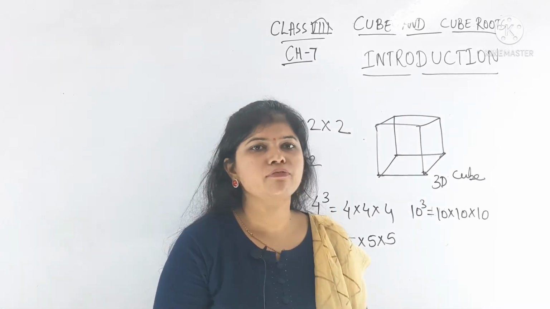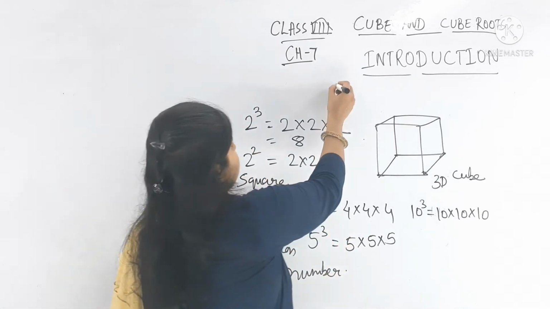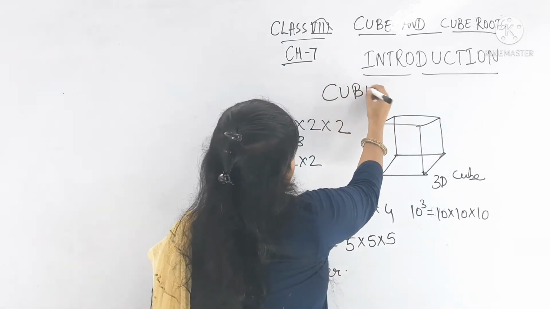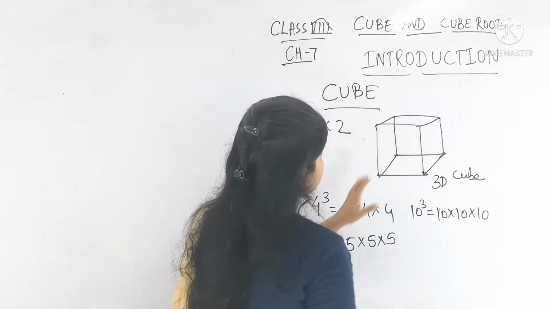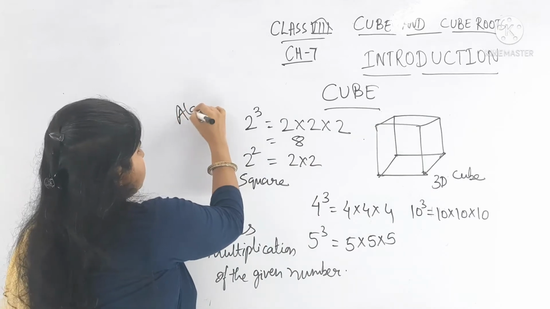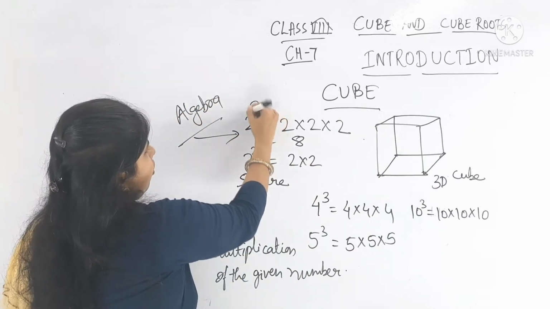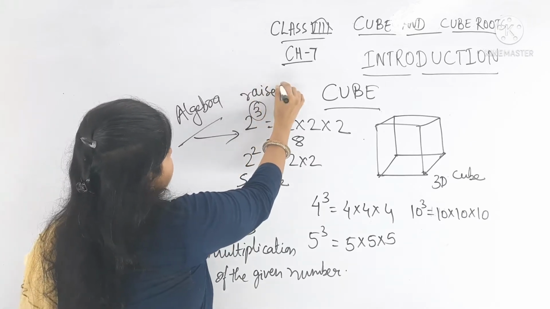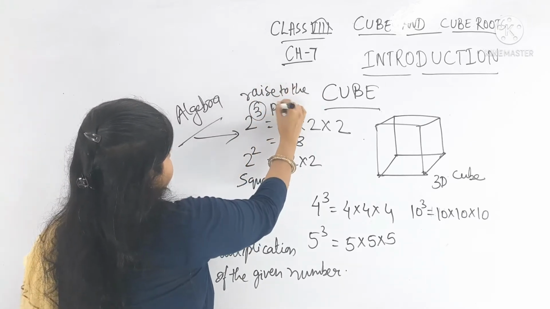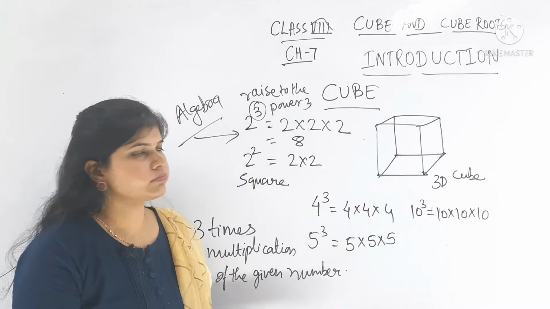If it is given 5, so 3 times multiplication of 5. So that is the topic cube. It is in the geometry, but we are saying in algebra. That is what it is called, raised to the power 3, right? So, this is the cube.